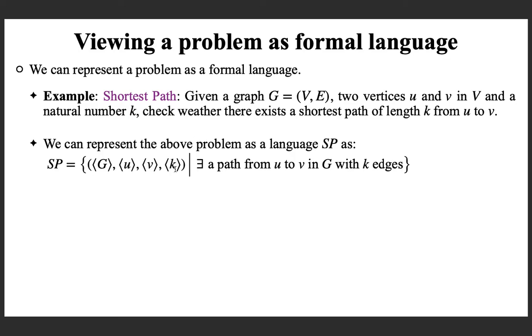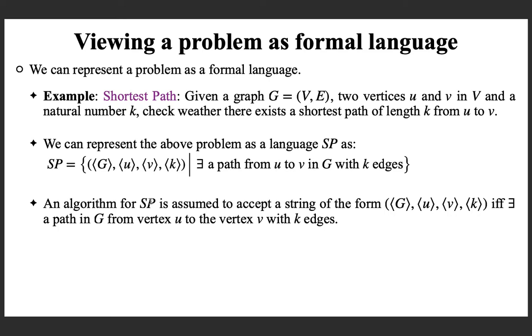So a quadruple of binary strings is in the language if the graph represented by this binary encoding contains a length k path from the vertex u to the vertex v. Okay, that is the language.